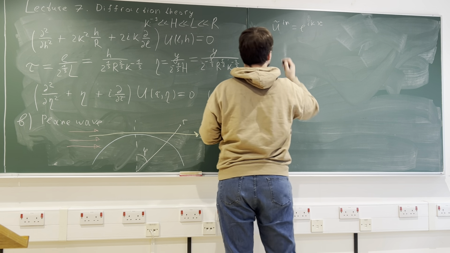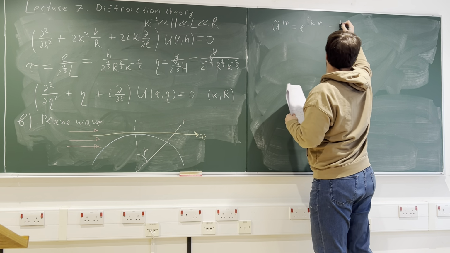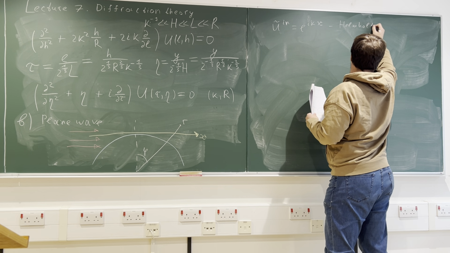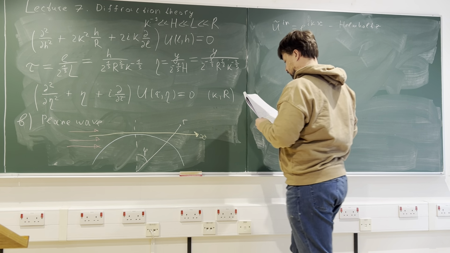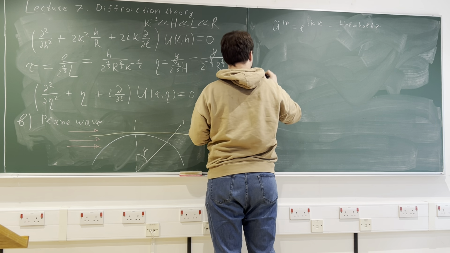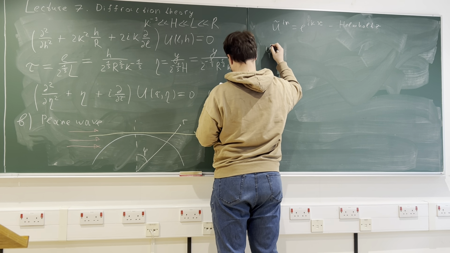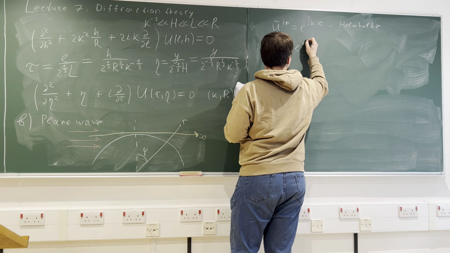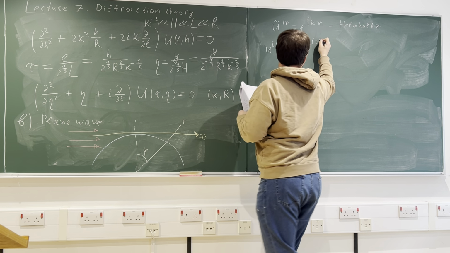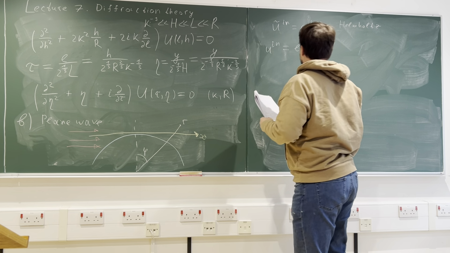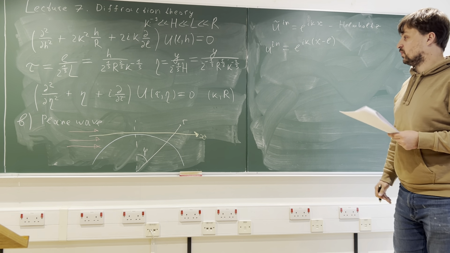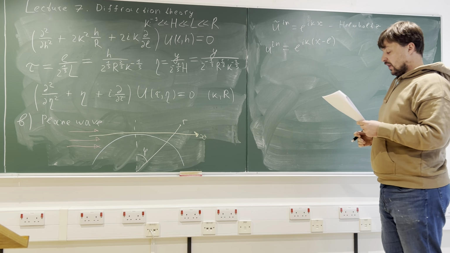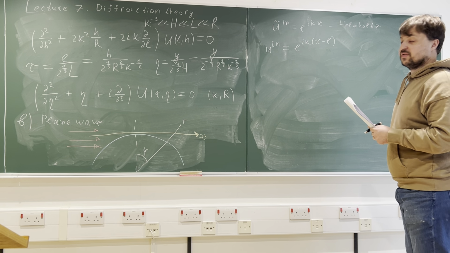So this is kx. So for parabolic, we take this wave, but we subtract the oscillatory term with L. And let's do some approximations as we did last time.